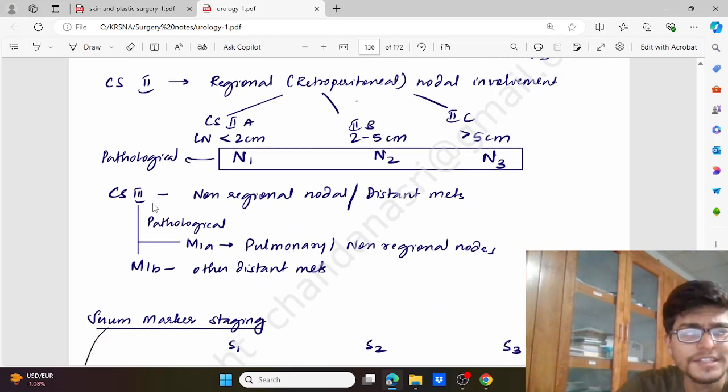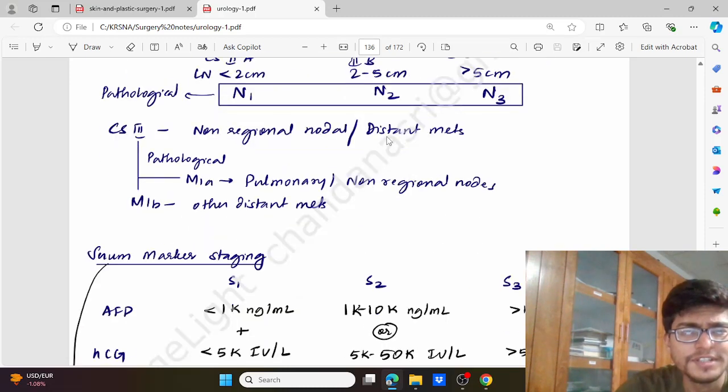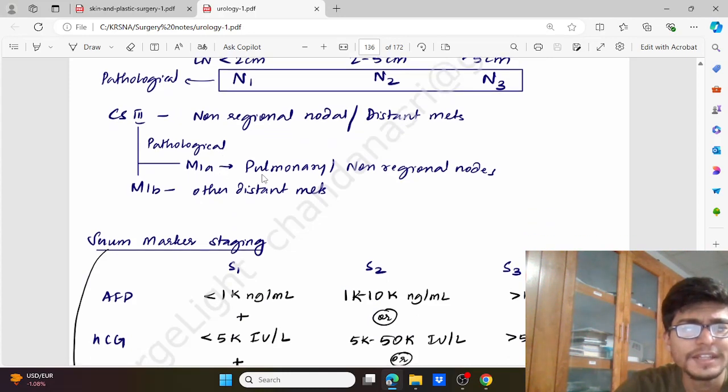Now clinical stage 3, that is non-regional lymph nodes or distant mets. So it is M1A when there is pulmonary or non-regional metastasis, M1B where other distant metastasis.